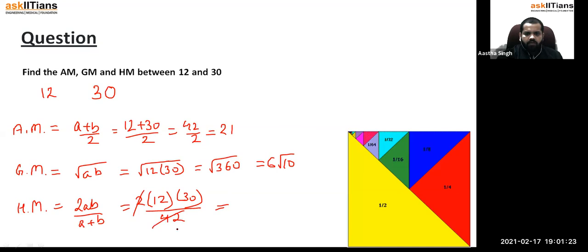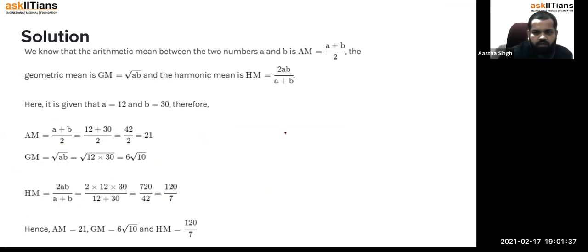Cancel out by 21, and 3 will cancel out to 3 7, and 3 will cut out to 10. So it is basically 120 by 7. These are your values, okay? So your arithmetic mean is 21, your geometric mean is 6 under root 10, and your harmonic mean is 120 by 7.